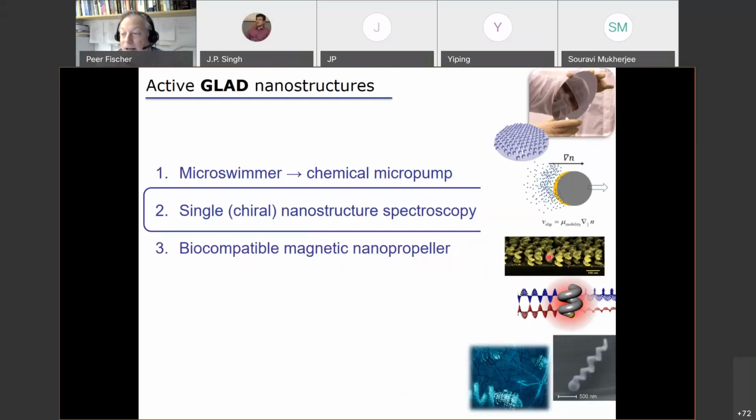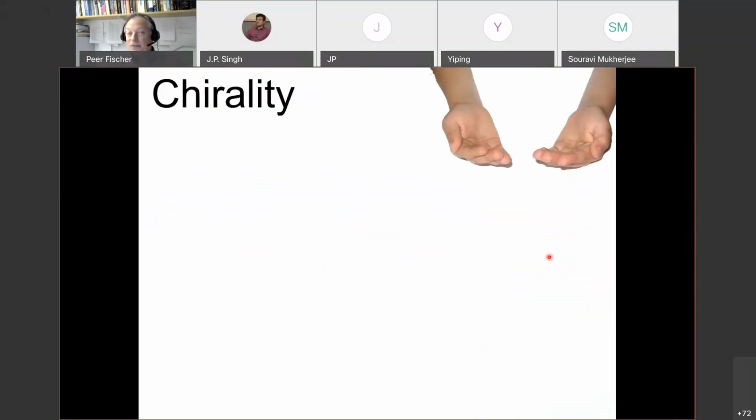And now I would like to turn to an outstanding question in spectroscopy that was enabled by glancing angle deposition. And this is the observation of a single chiral nanostructure in spectroscopy and determining its handedness. So very briefly, chirality is handedness.